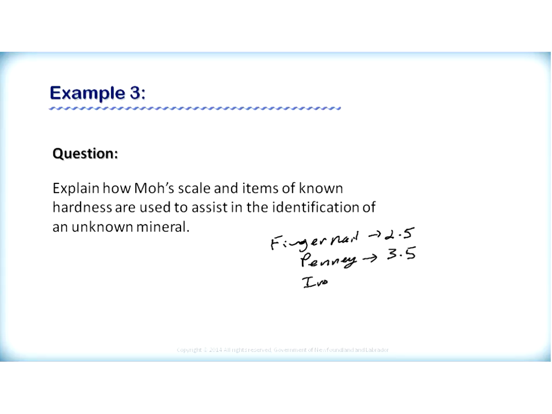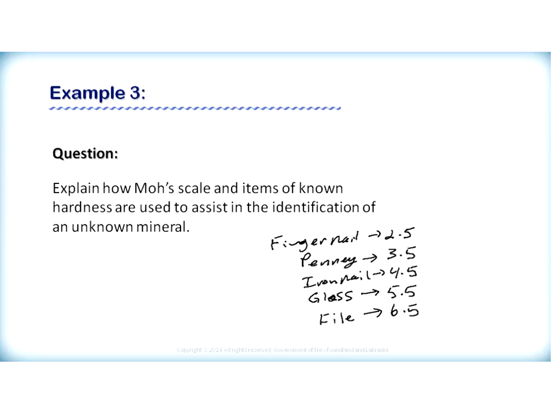Iron nail is 4.5. Glass is 5.5, and a steel file has a hardness of approximately 6.5.